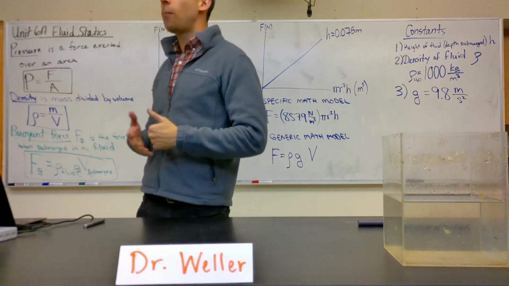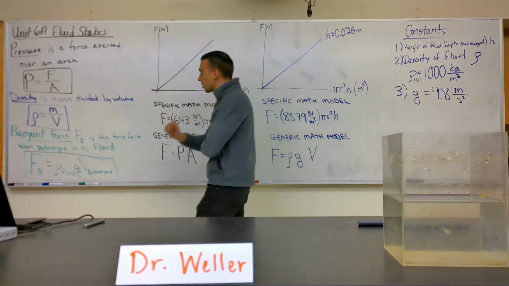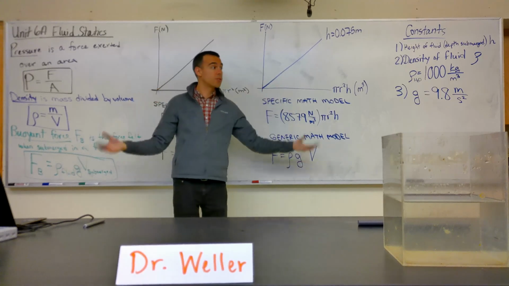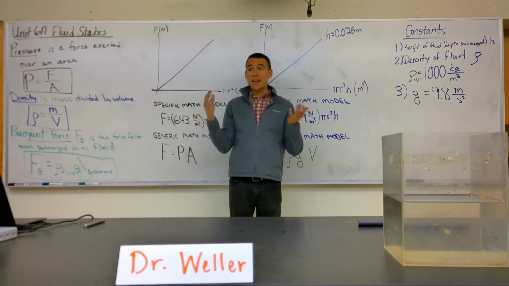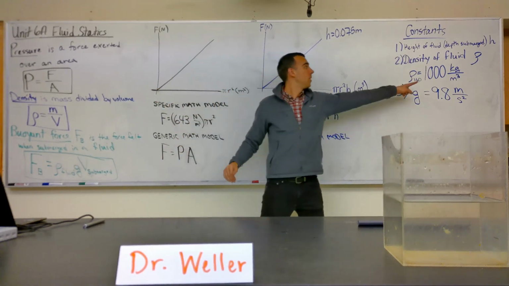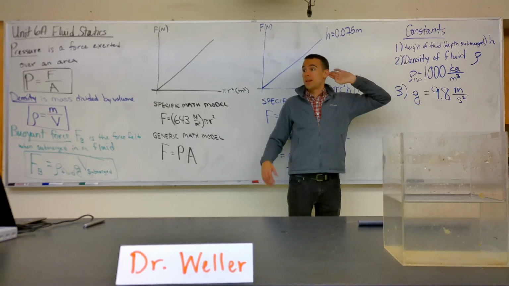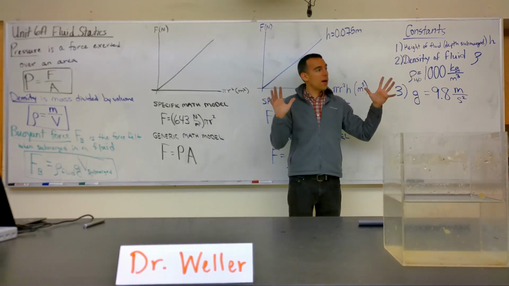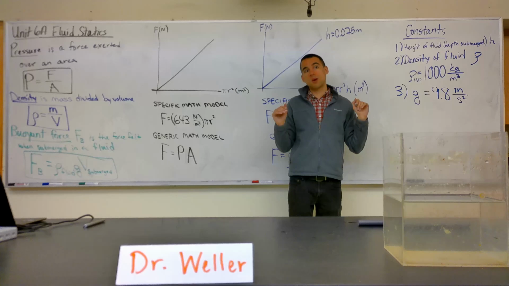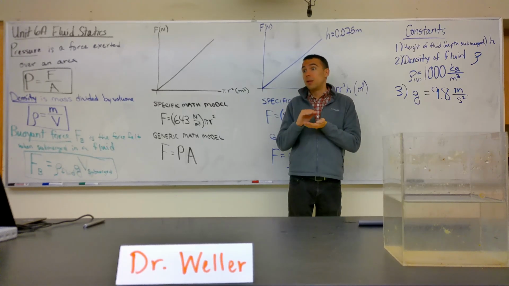And so we should be feeling a buoyant force. Right. So since the density of the fluid that we're surrounded by is air, that density is 1 kilogram per meter cubed. 1 versus 1,000, which is what water is. So because the density of the fluid that we're in right now is so low, the buoyant force that we feel is also very low.